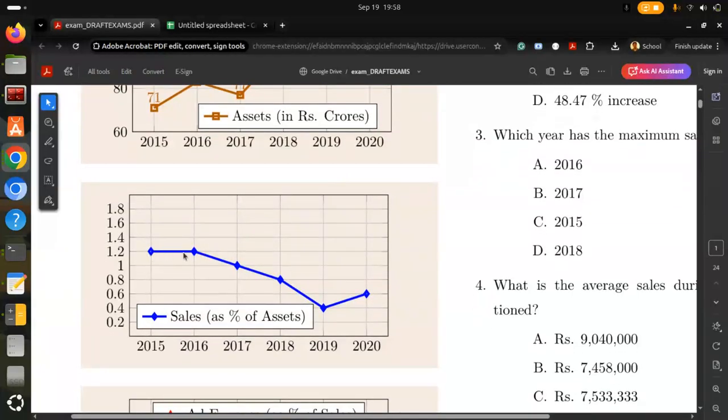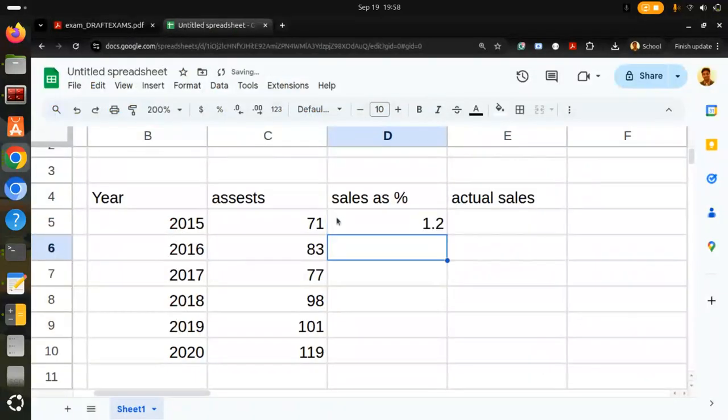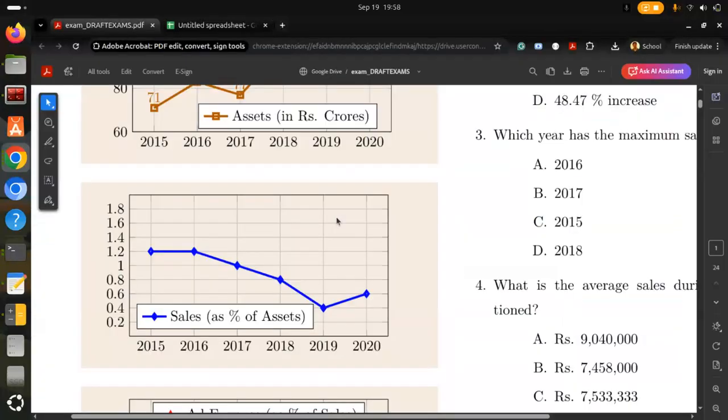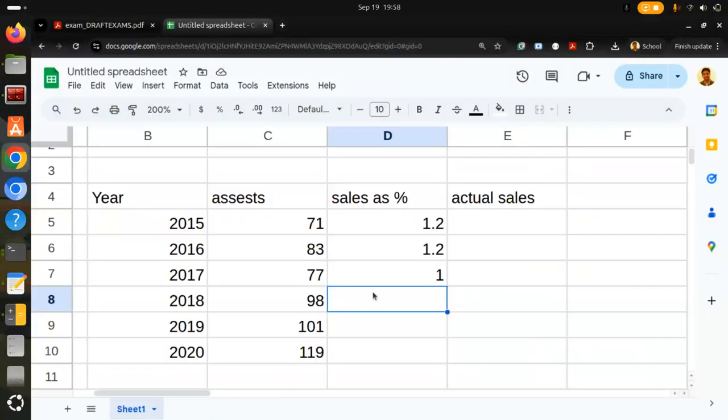So 1.2, 1.2, and 1, that is percentage. Then I have 0.8, 0.4, and 0.6. Again, be careful at reading this chart.